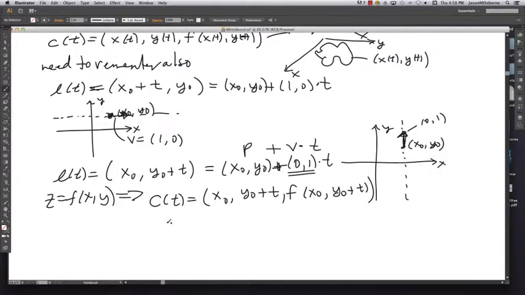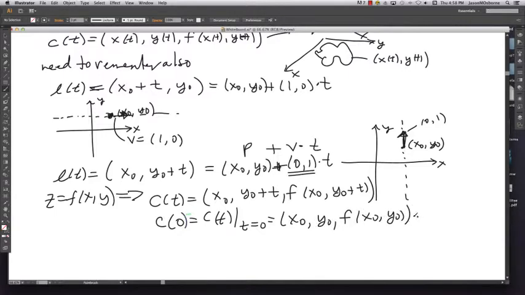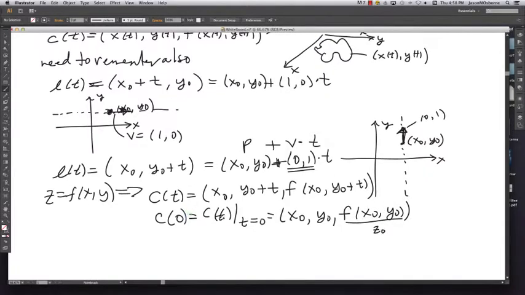Observe a couple things at this point. If you choose t is equal to 0, that means your curve evaluated at t is equal to 0, then you'll get the point x0, y0, f of x0, y0, which is just a point, and this is your z variable, right? It's not just any z variable, it's the z variable that's on that surface.